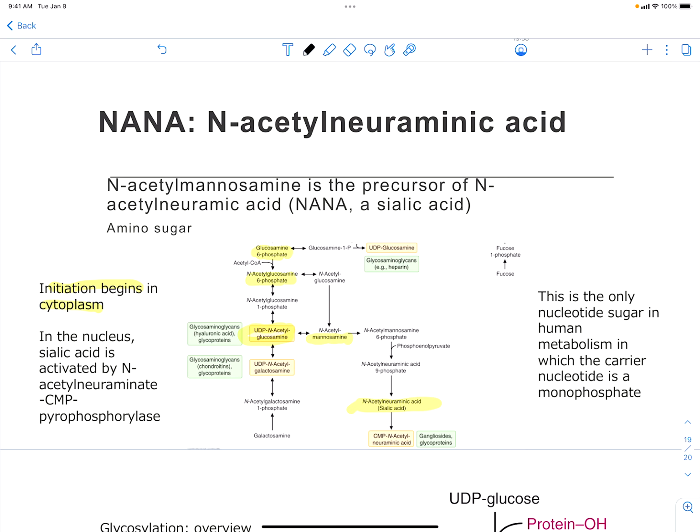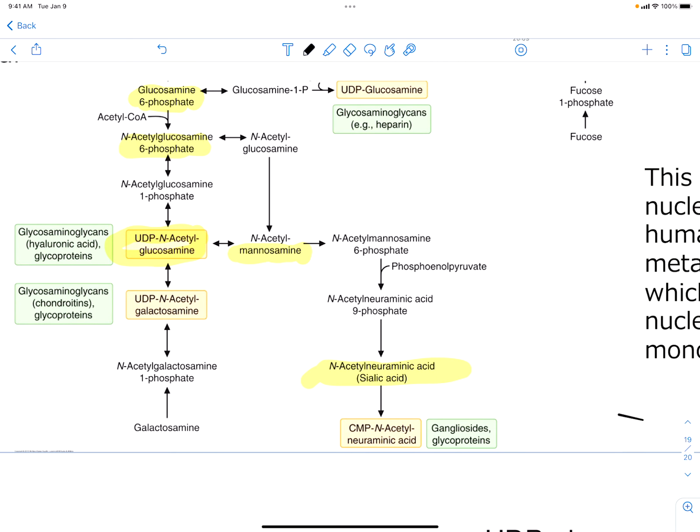And basically, you're going to take your sialic acid. So I guess I can do it here. You have ATP. We're going to have CTP, sorry.